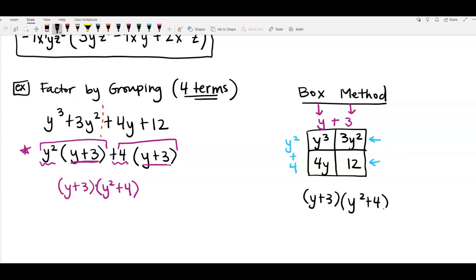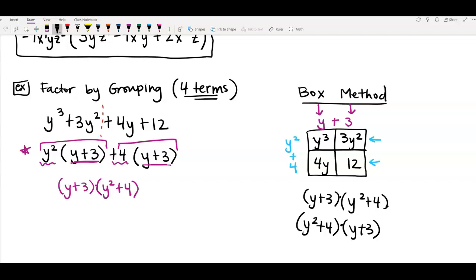the other parenthesis. And just to make sure it's clear, it doesn't matter whether I write y squared plus 4 first and then y plus 3 second. Remember, this is multiplication, and how we write those down doesn't matter because it's commutative. So either answer is correct.